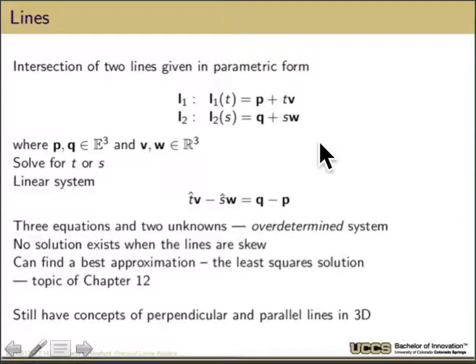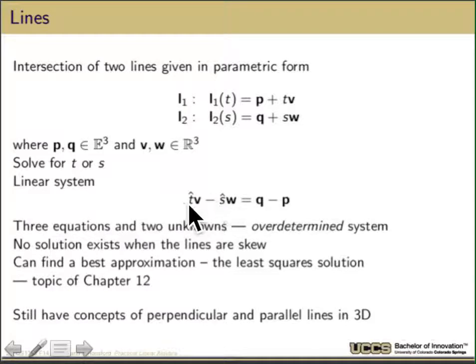If we want to find out if the two lines intersect, of course, we could try writing the representation of a line, P plus t times v, and Q plus s times w, just two general lines. If we go to solve for the values of t and s, you'll see we get t times v plus s times w equals p minus q. But remember, v, w, p, and q are now 3D vectors.